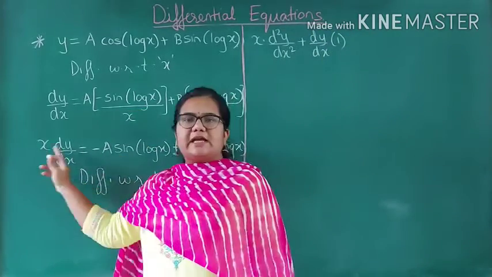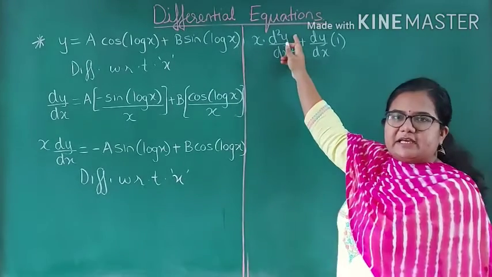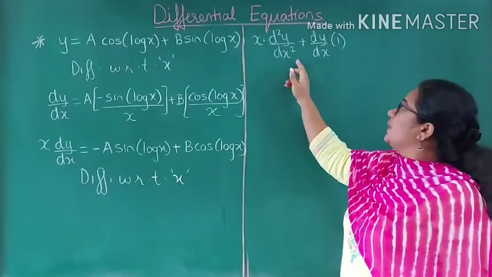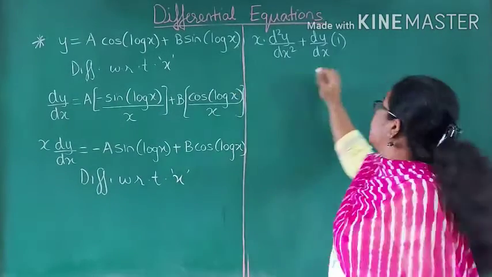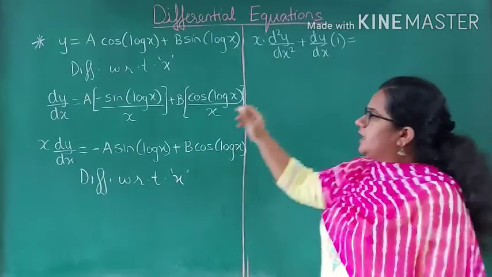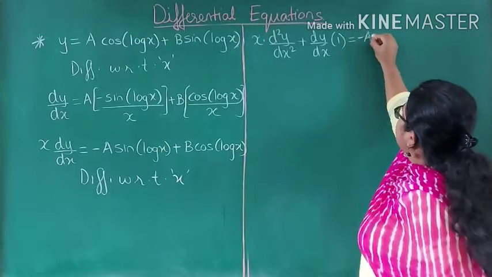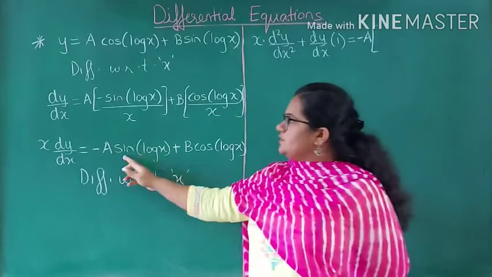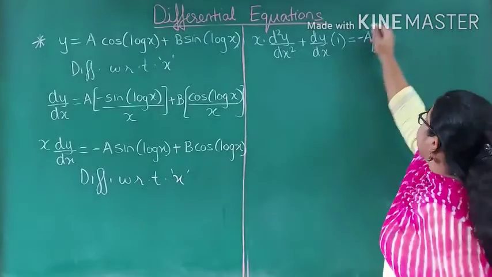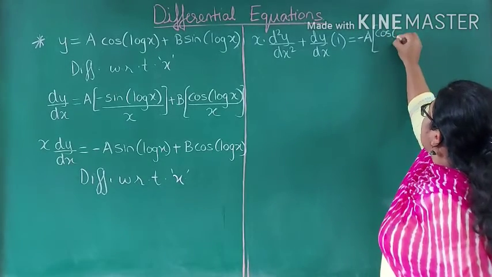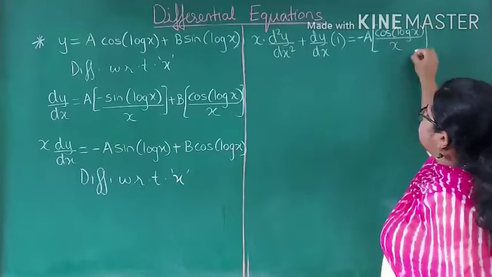Yes, x into dy by dx. So x derivative of dy by dx. On the right side, a is constant, so minus a into derivative of sin of log x is cos of log x upon x.